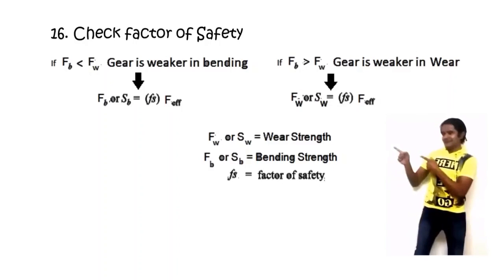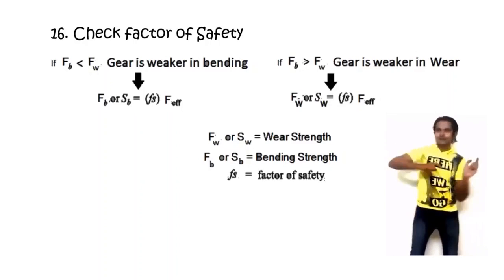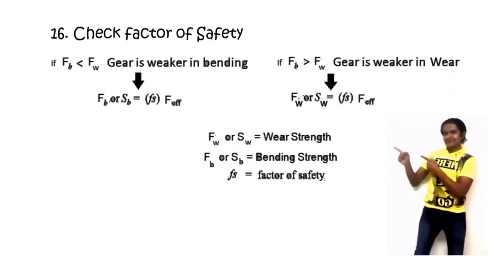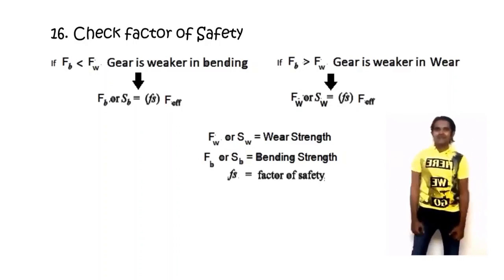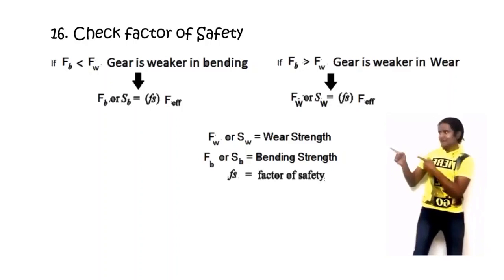Then your formula will be FW or SW is FS into F effective. Remember, FW or SW is your wear strength, and that formula you found out in step number 7. F effective, the effective load based on Buckingham's equation, you found out in step number 15. So if I put the values of wear strength and effective load, I can easily find out the value of factor of safety.